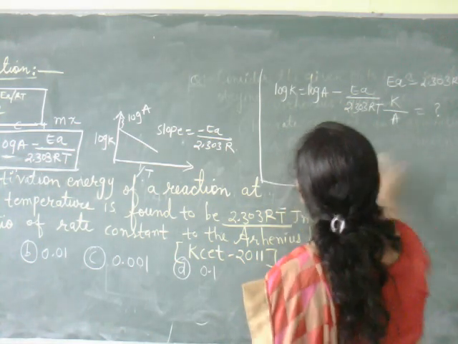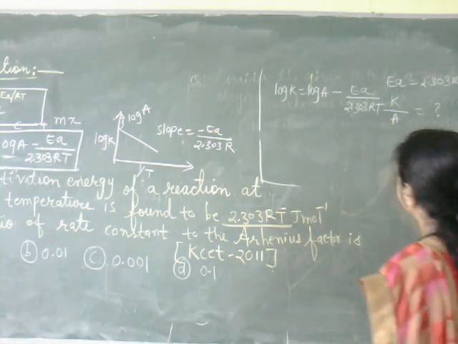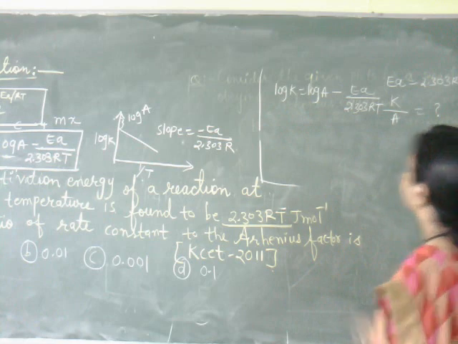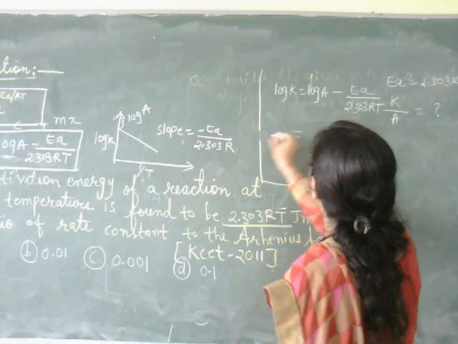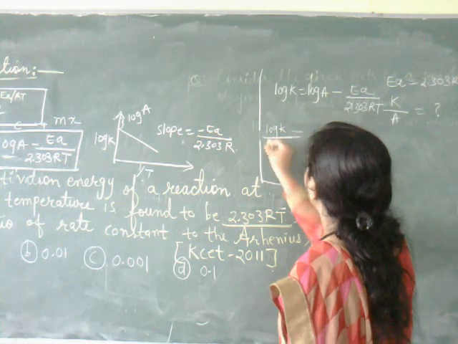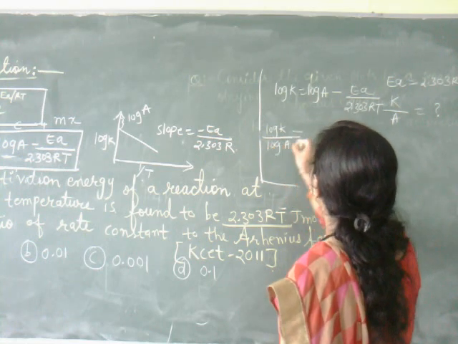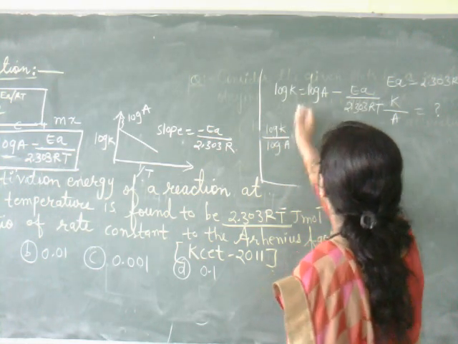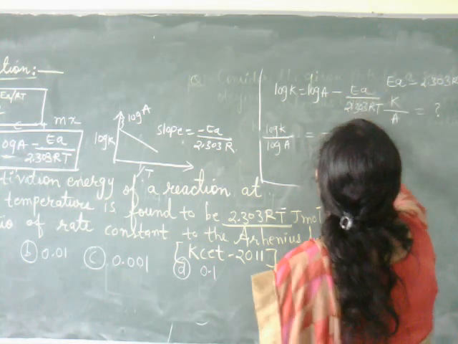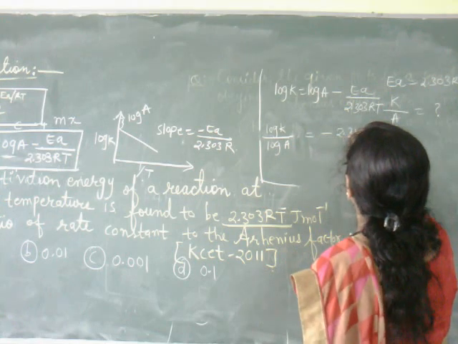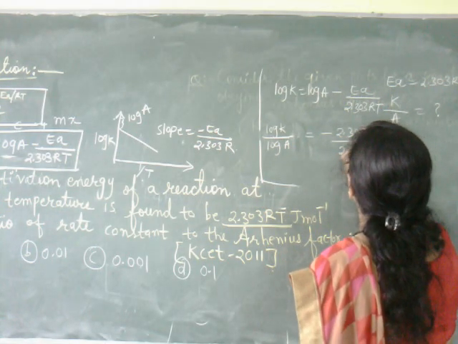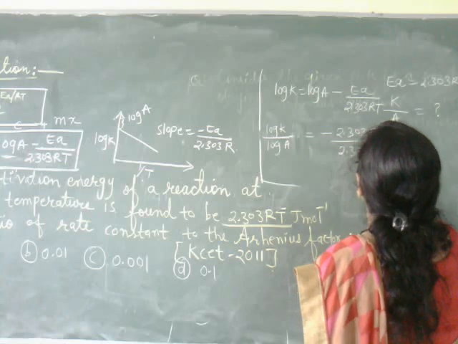So in this, just put this log K divided by log A. This log A takes this side and is equal to, what is the value of Ea here? 2.303 RT.